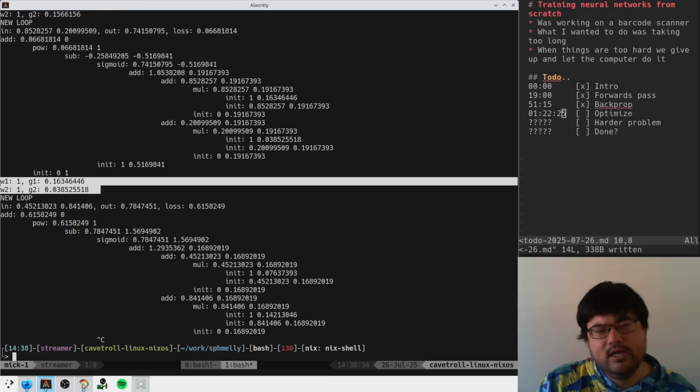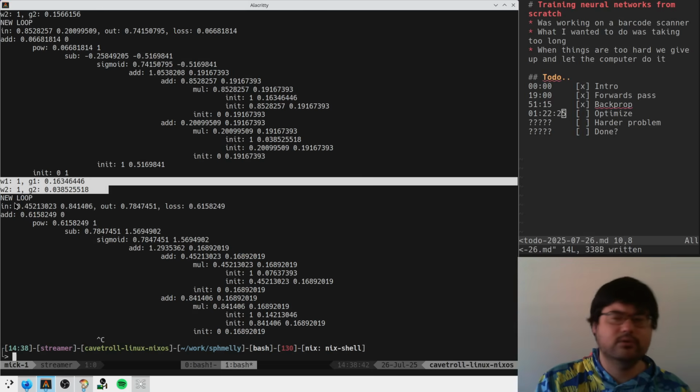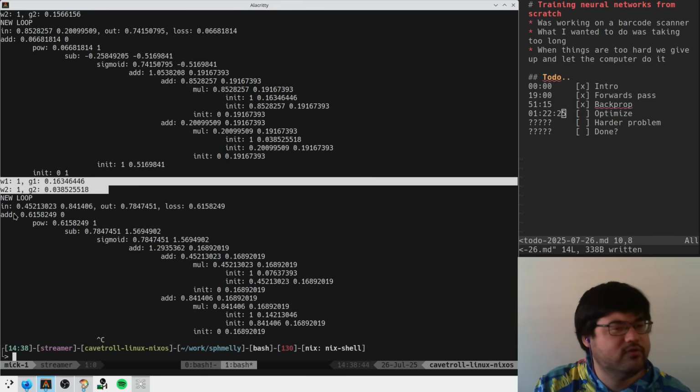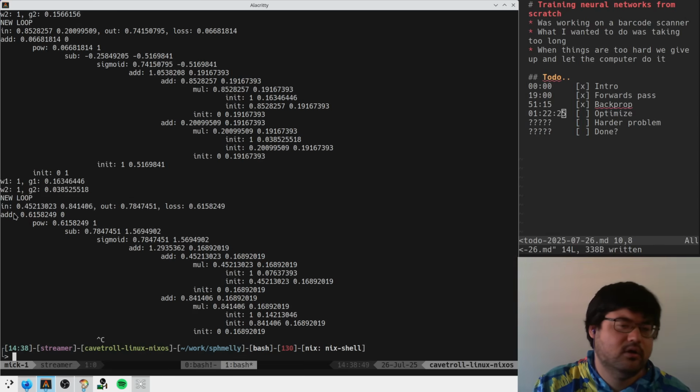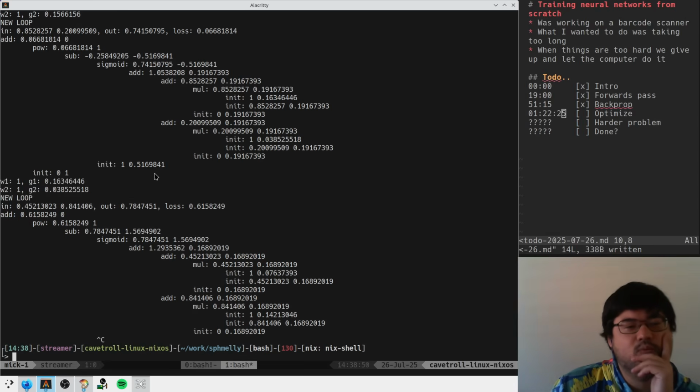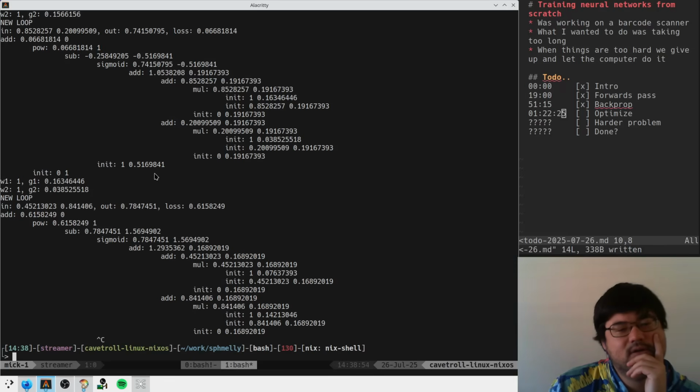We see that the gradient here is positive for both. It's just less positive. And that's what I don't like, right? I want them to move in the other direction. So I guess the question is why? Why is that the case?